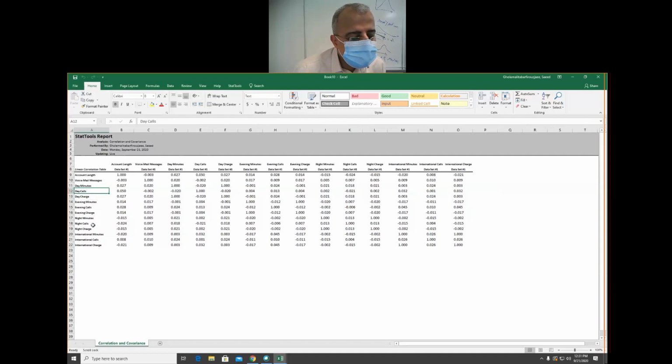And between day charge and the international minutes, for example, check international minutes. Again, there is no relationship between these two variables. It's very close to zero.